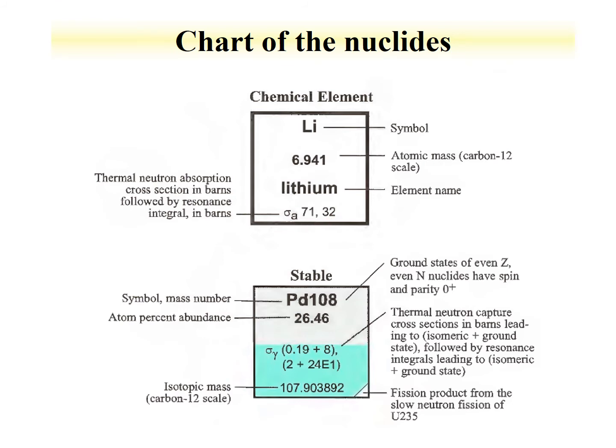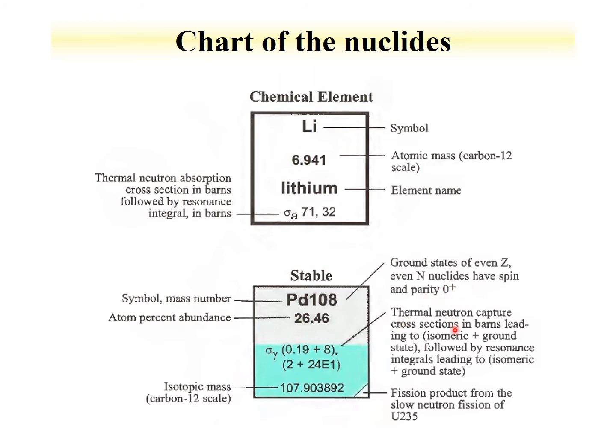For a stable isotope, which is listed in gray, stable or very long-lived isotopes are in gray. You get the symbol, the mass, the atomic percent abundance, the ground state spin and parity, as we stated earlier. Even Z, even N nuclei are 0 plus.